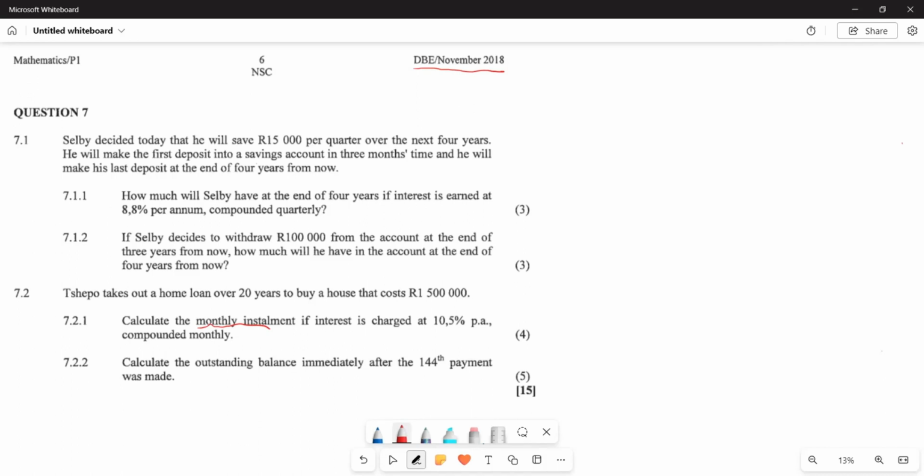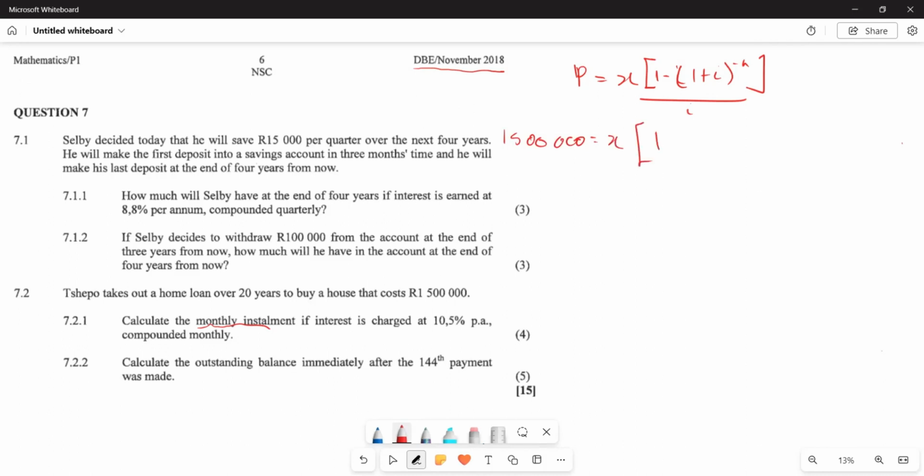Now, let's see. So this is going to be our P, which is going to be X into 1 subtract 1 plus the interest to the power of negative n, over i, right? Now, what is the principal amount? We already know this is 1.5 million.